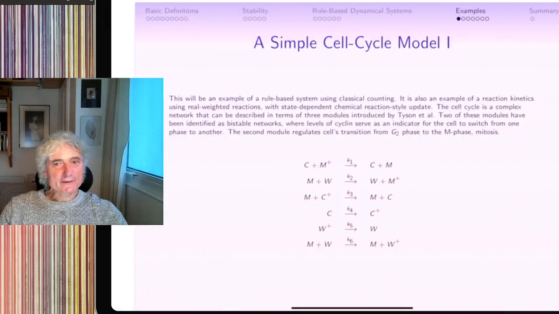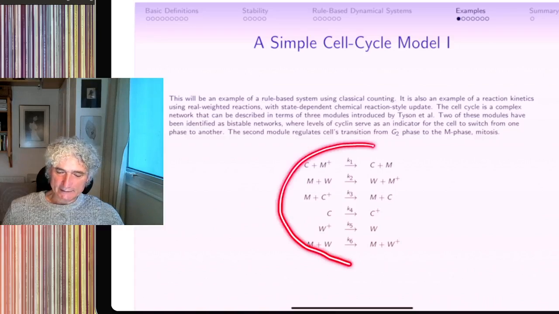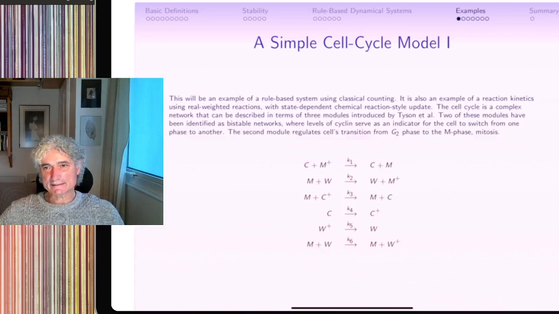So let's finish this lecture by applying this definition of the rule-based dynamical systems to some of our examples which we had looked at before. So remember now the simple cell cycle model, where I have just rewritten here all the reactions that defined the cell cycle model.